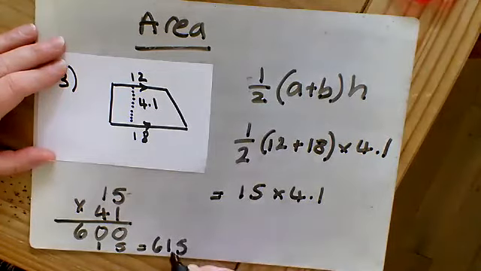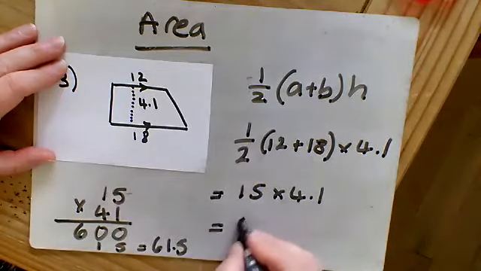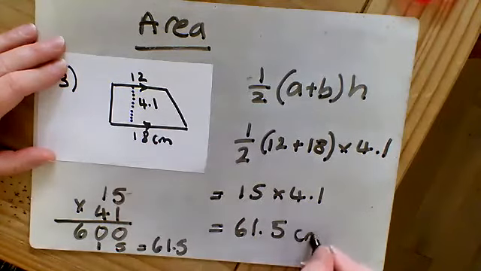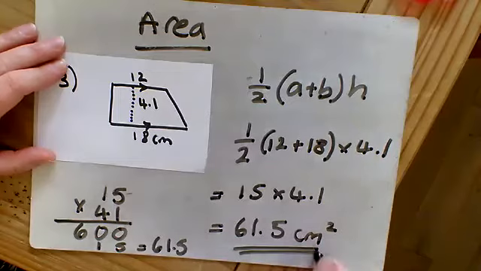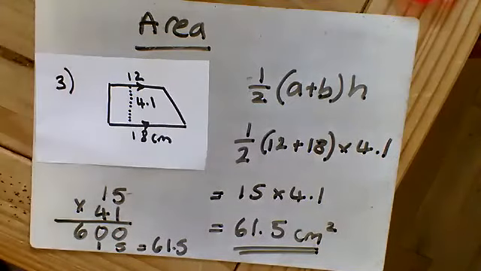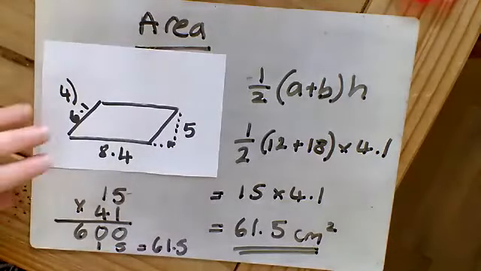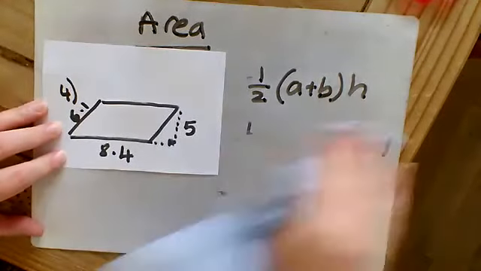I've got 1 decimal position to put back into my answer. So 61.5 again. Should really have put some units in. 61.5 square centimetres.